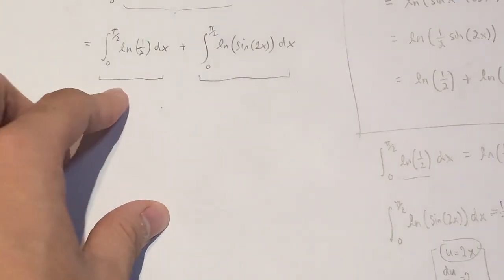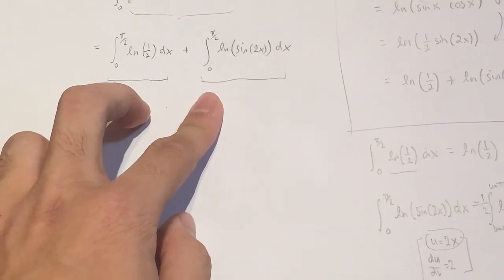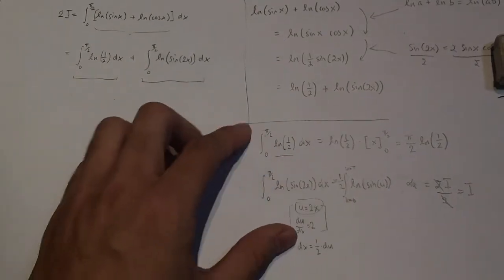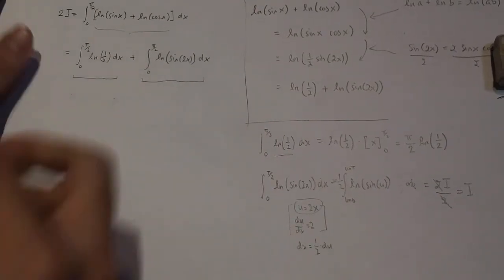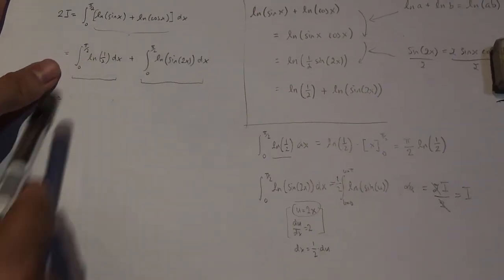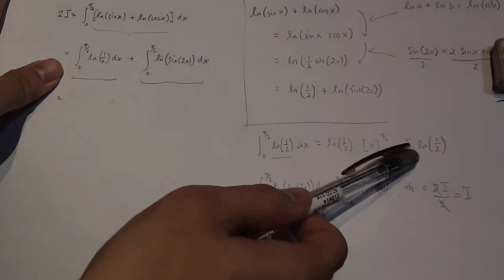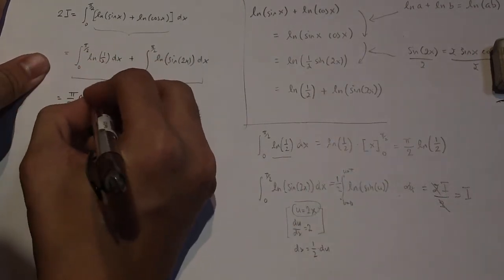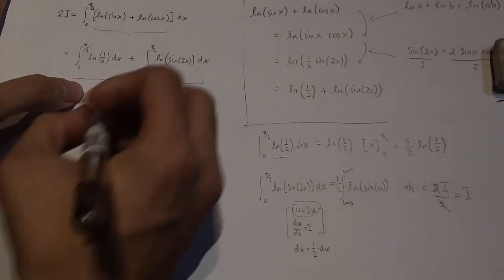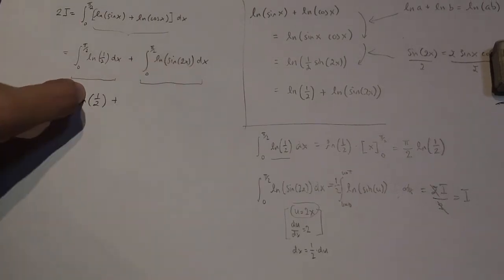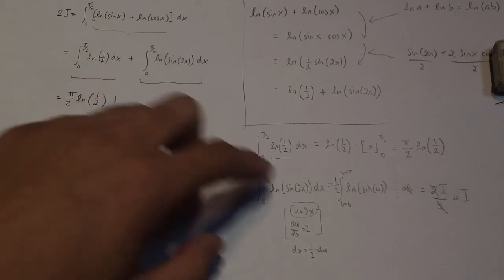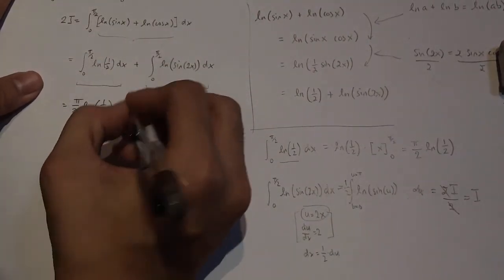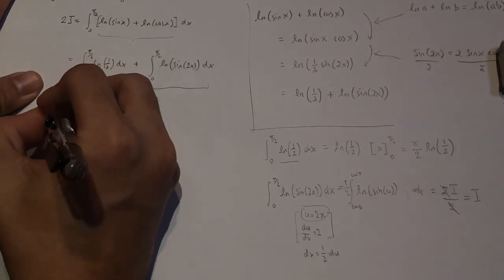And so now we can work out the rest of this equation again. Basically, what we have from earlier is these two results, and I could just replace them in there. So this integral here is this one, which equals this. So this would just be pi over 2 times natural log of a half plus this integral here, which is just this result here, which equals I. So this would be plus I. And remember that this equals 2I.